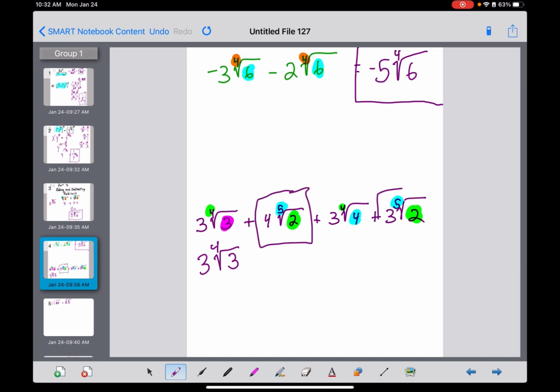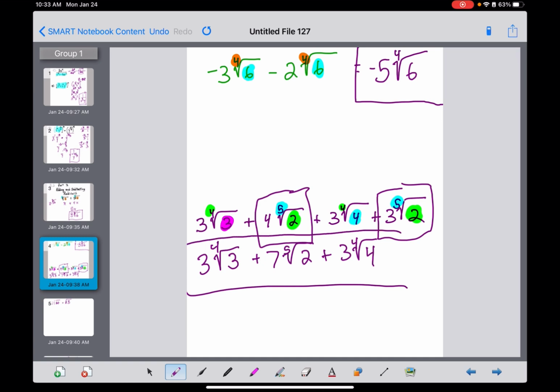We said we could combine these two: 4 plus 3 is 7. So plus 7 times the fifth root of 2 plus 3 times the fourth root of 4. That then becomes your solution.